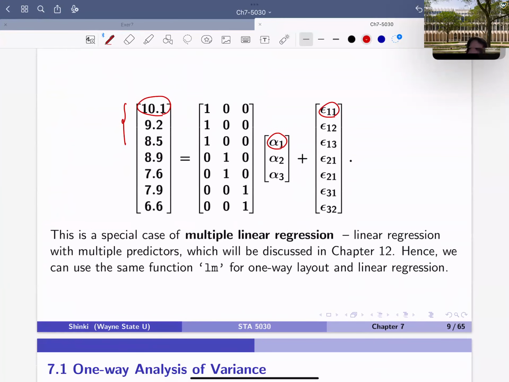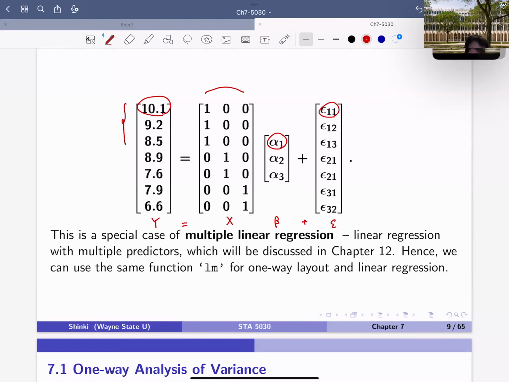This is pretty similar to simple linear regression. If we write this as y, this as x, this as beta, and this as epsilon, exactly y is x beta plus epsilon. The only difference is that this matrix was just an n by 2 matrix in simple linear regression, but here it is n by 3. If we have 4 groups, n by 4.